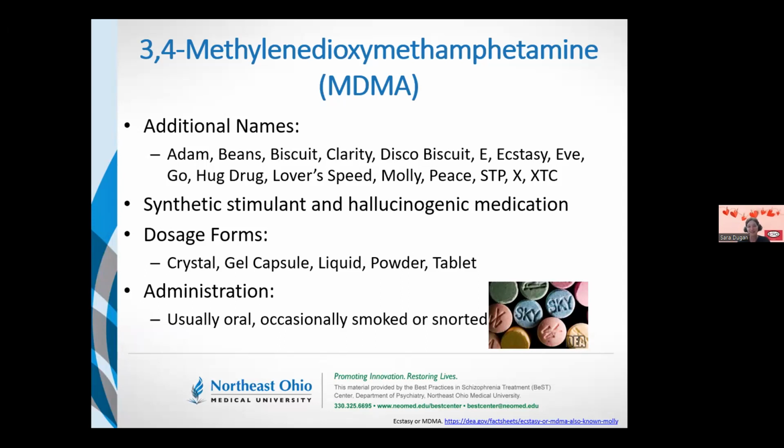It is a synthetic stimulant and hallucinogenic medication. I guess substance is probably a better term there, but it is synthetic. It was something that was created. So Merck actually created it in 1912.